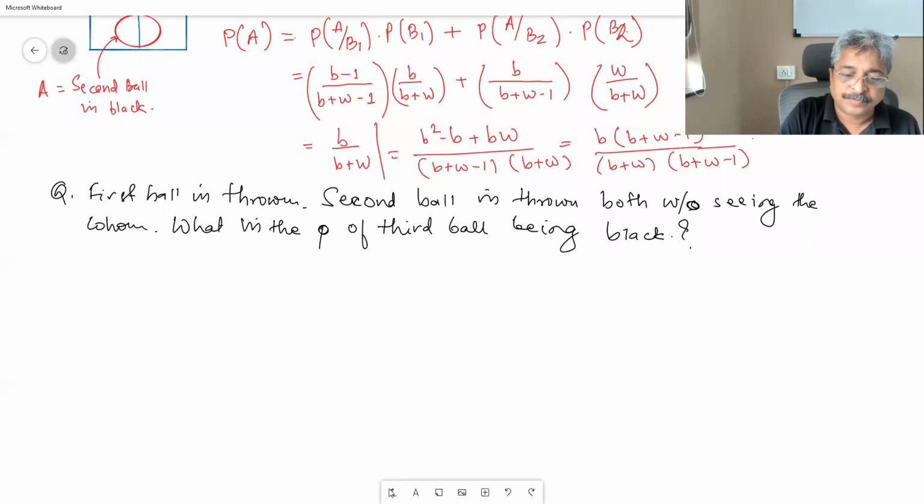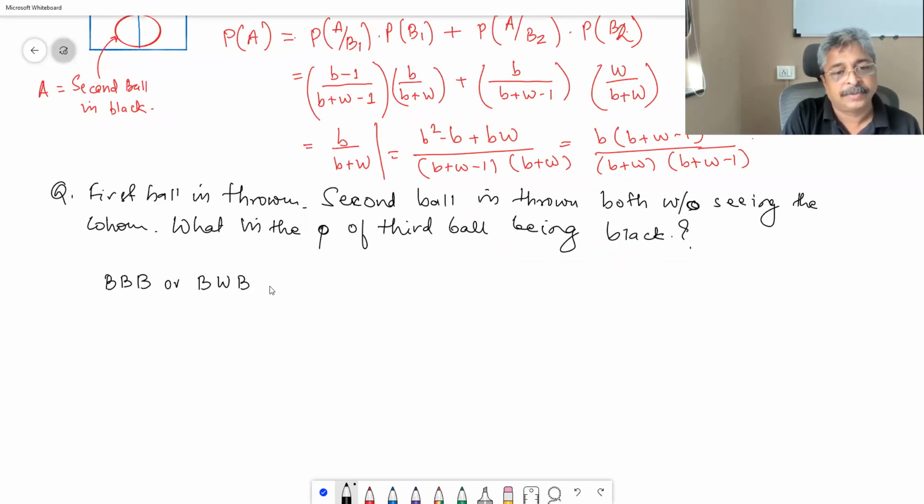First ball black, second ball black, third ball black, or first ball black, second ball white, third ball black, or first ball white, second ball white, third ball black, or first ball white, second ball black, third ball black. These are the four cases. We want the third ball to be black. So we have BB, BW, WW, WB, the things which are going to happen before.